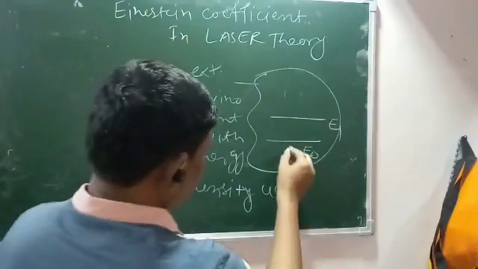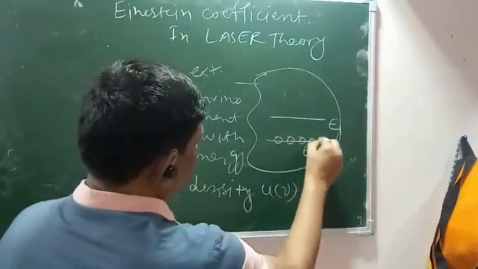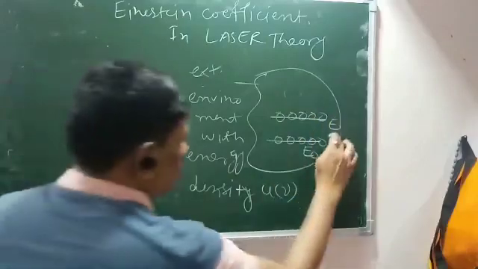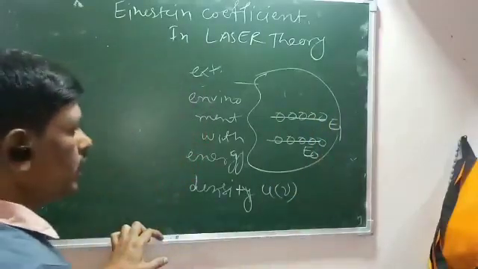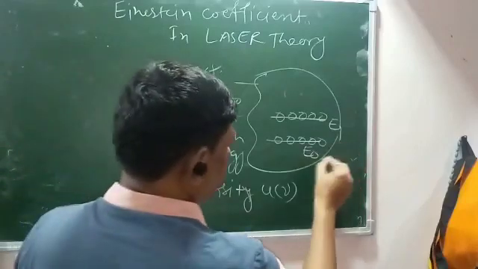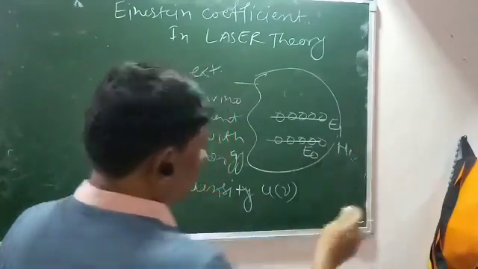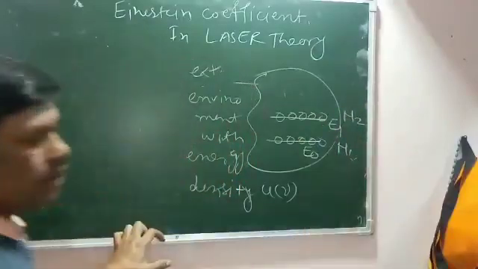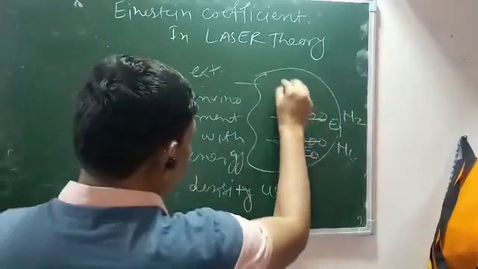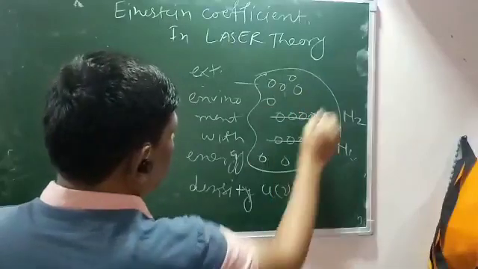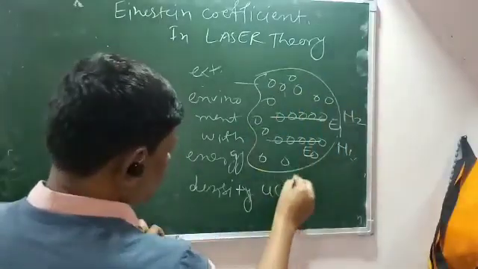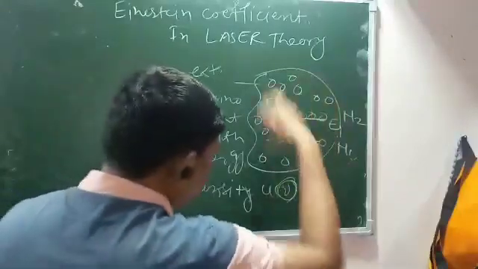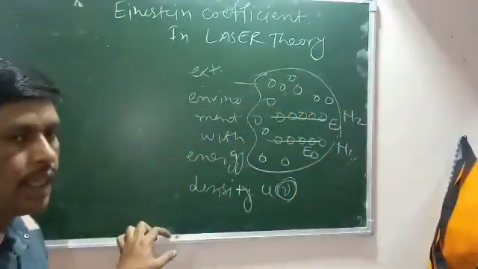Here there are a number of particles in those E1 and E0 energy states. Let us assume that N1 particles belong to the E0 energy state and N2 particles belong to the E1 energy state. And in the external environment there are a number of particles of frequency nu. So the concentration of the external environment particles is very high.